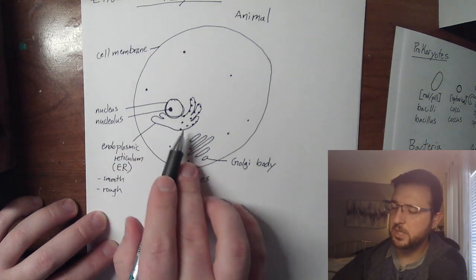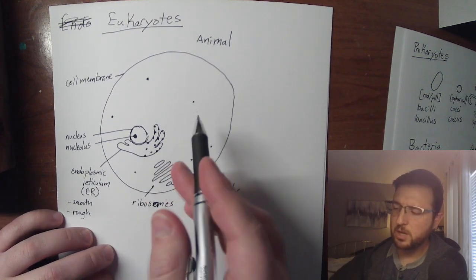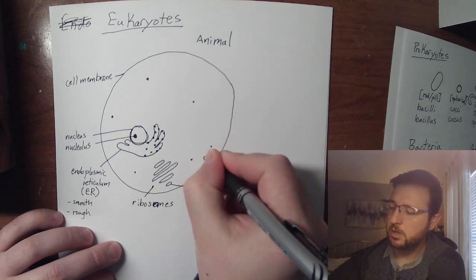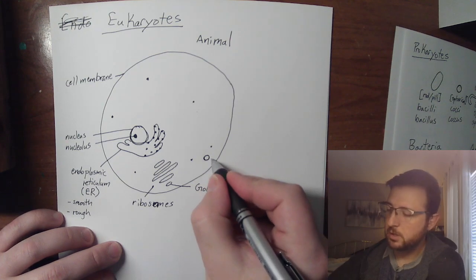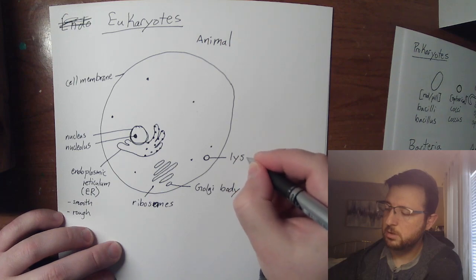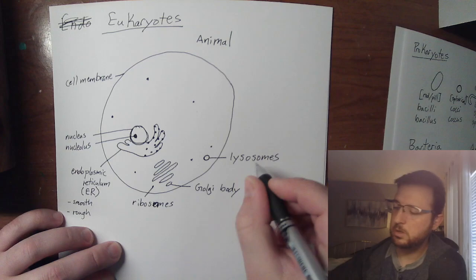And we'll talk about this little area here in a minute. But we also find inside of our cells these little spherical types of organelles called lysosomes. Lysosomes.